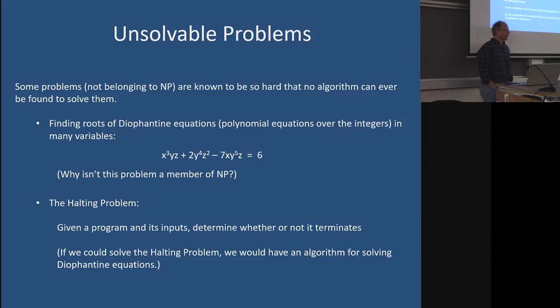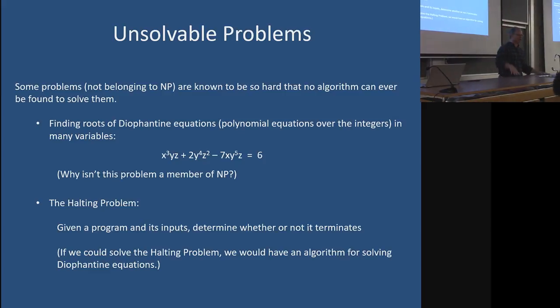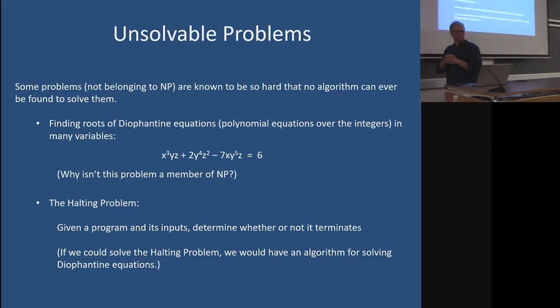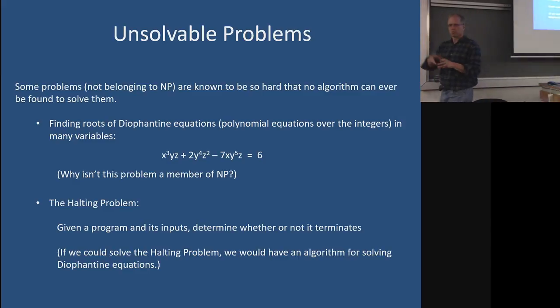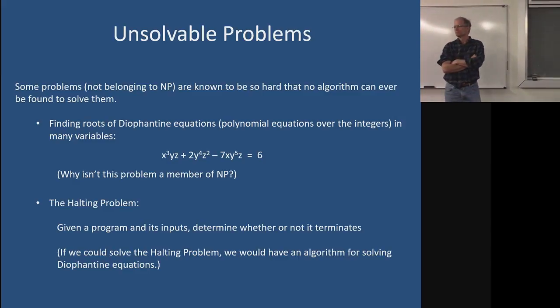And then for all these problems, if you could solve the halting problem, then you would have an algorithm for all of them. So there is sort of this parallelism between NP-completeness and non-recursive problems.